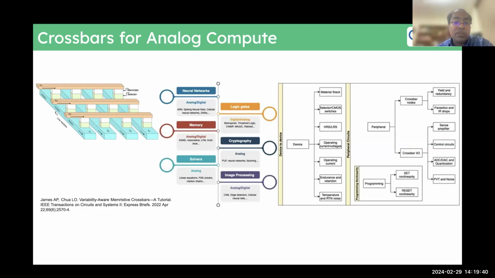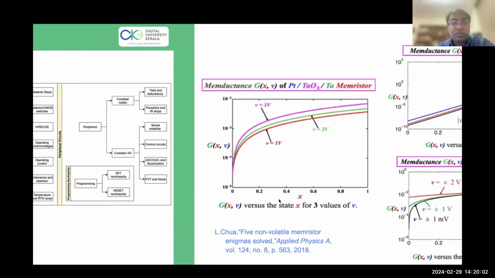How do we program this? Programmability challenges, whether it's linear programming or nonlinear programming, and the kind of peripheral circuits that you would need to ensure that the crossbar computation becomes accurate through a variety of different circuit configurations also becomes a critical thing to work out.